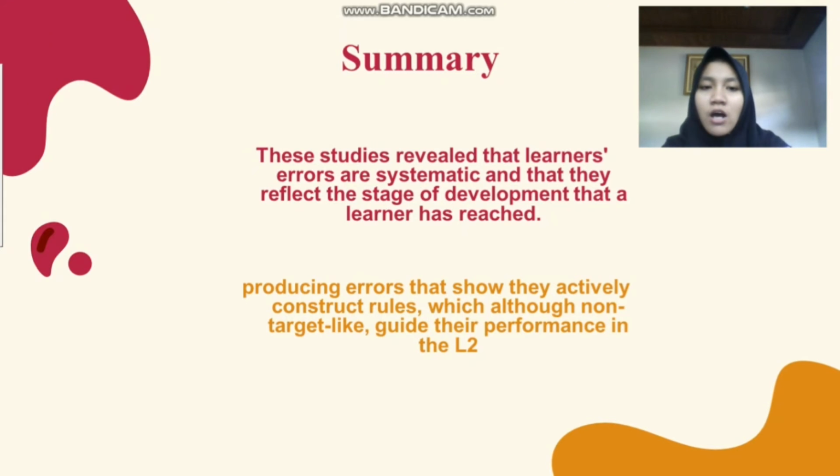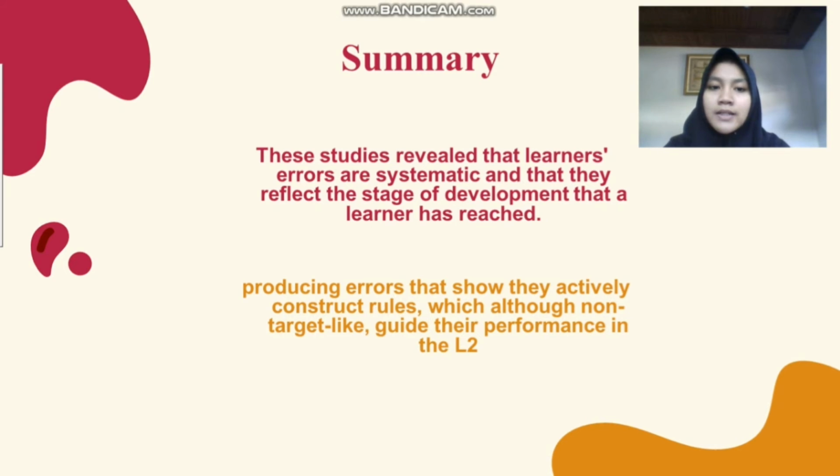Okay, the last section of our presentation is the summary. The studies reveal that learners' errors are systematic and that they reflect the state of development that a learner has reached, producing errors that show they actively construct rules which, although non-target-like, guide their performance in the second language.